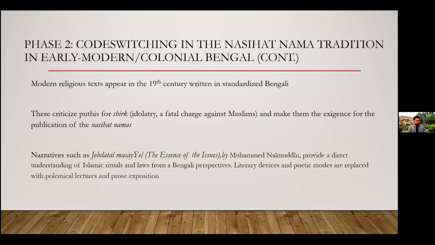So literary devices and poetic modes, which are common in Puthis, are completely replaced with polemical lectures and prose exposition. Again, the genres are transforming, not just the codes or the language.